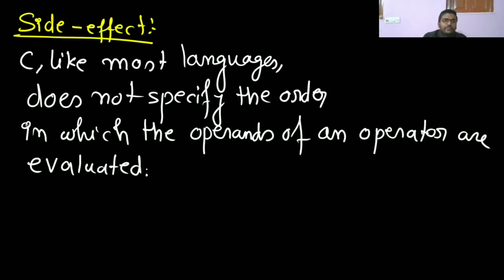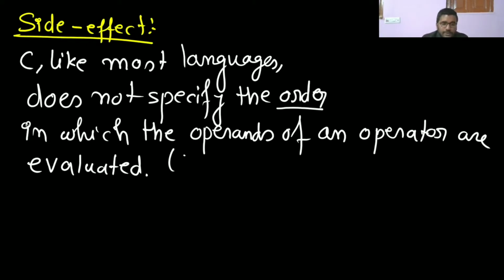So C, like most languages, does not specify whether the left operand or the right operand of an operator is evaluated first.